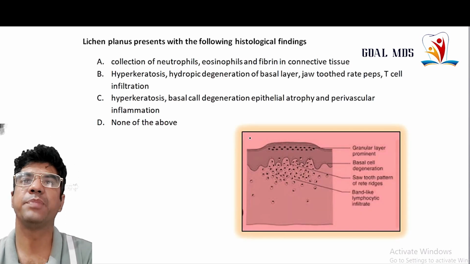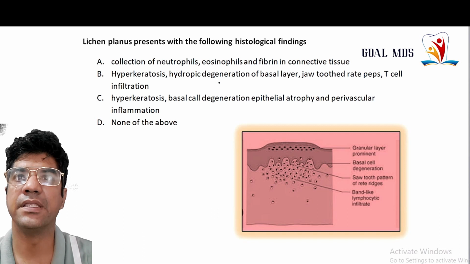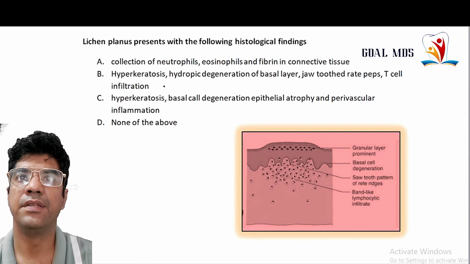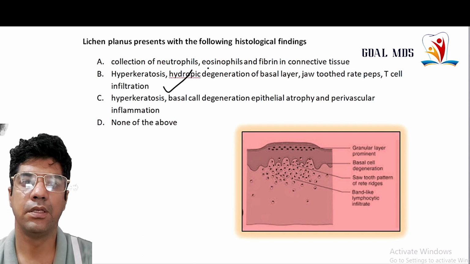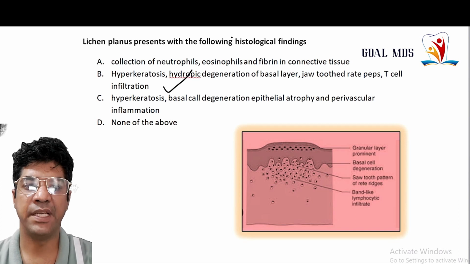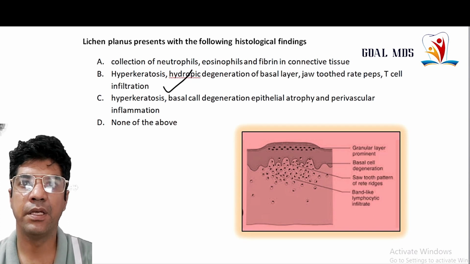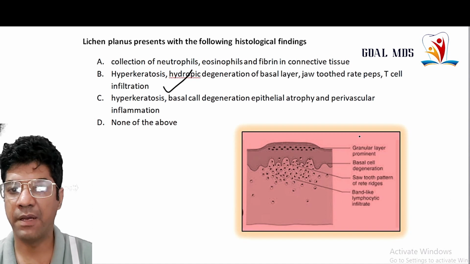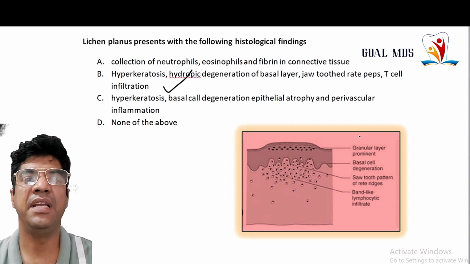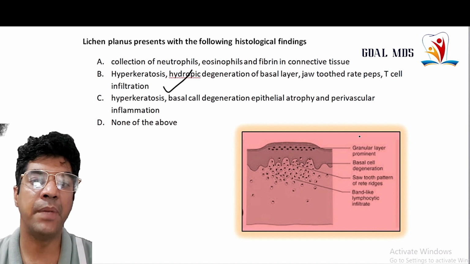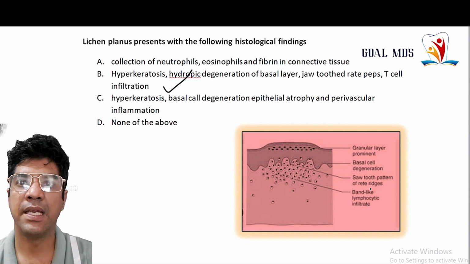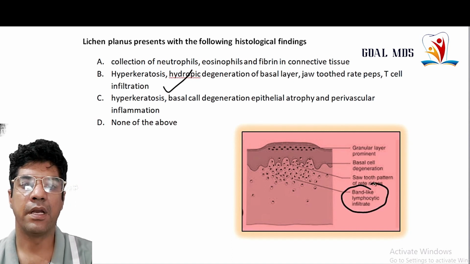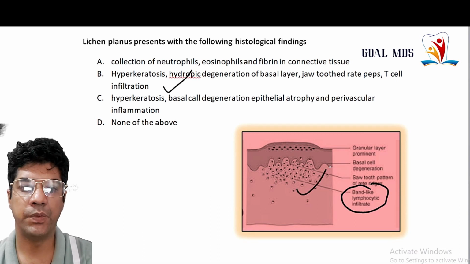Now, lichen planus presents with the following histological features. The answer is B. So here you will see epithelial atrophy, that means there is a reduction in the size of the epithelial layer. There will be perivascular inflammation, that means there will be presence of inflammatory cells, particularly lymphocytes, around the blood vessels in the connective tissue.